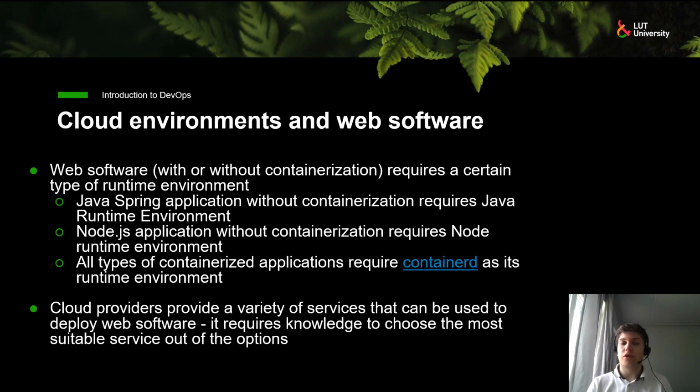For example, a Java Spring application requires the Java runtime environment, and a Node.js application requires the Node.js runtime environment. And then if the software is containerized, for example with Docker, it requires the containerd runtime environment, which Docker is using internally. So the key point is that all kinds of web software do require some kind of runtime environment with or without containerization.